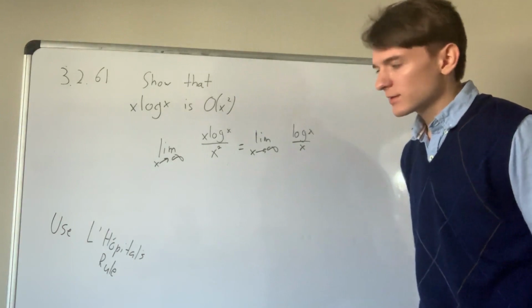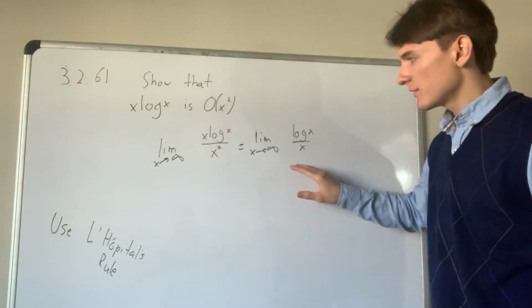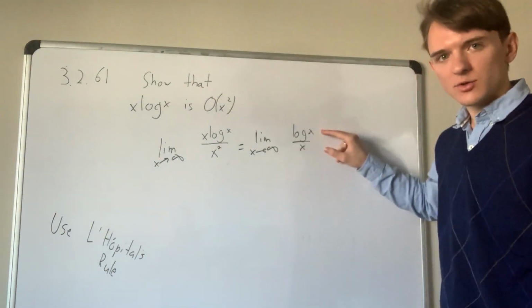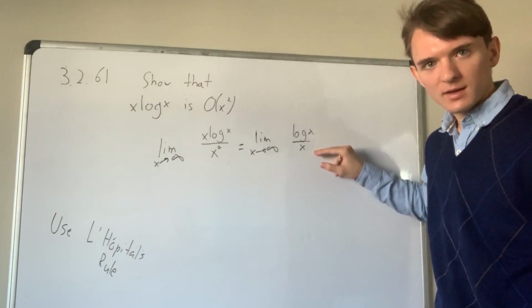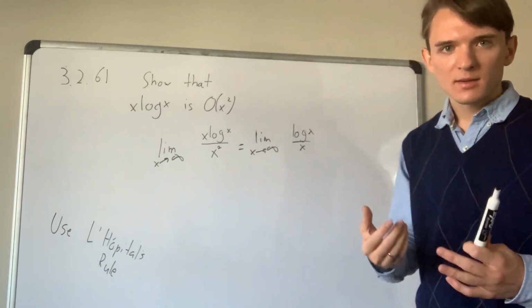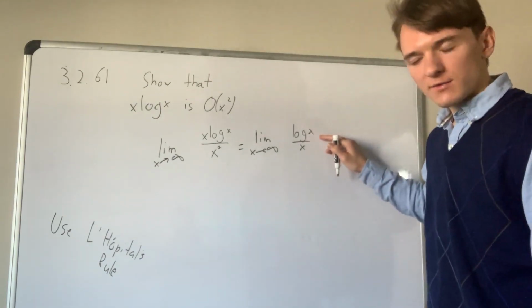Use L'Hopital's rule. Basically, that just means that when we can't evaluate this any further, we can take the derivative of the numerator and the derivative of the denominator to simplify our expression into some intermediate form and make it simpler to evaluate. So, what's the derivative of log of x?